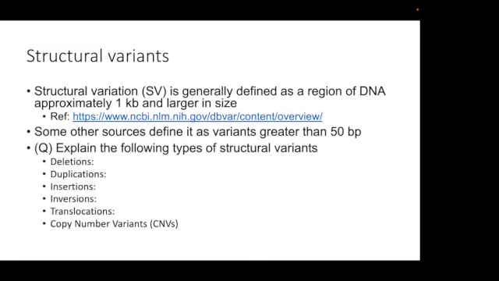Traditionally, we define that to be eligible for a structure variant, it should be like 1 kilobase or larger. But nowadays, if it's over like 50 bases or 100 bases or 70 bases long, then many people consider that should be classified as a structure variant.